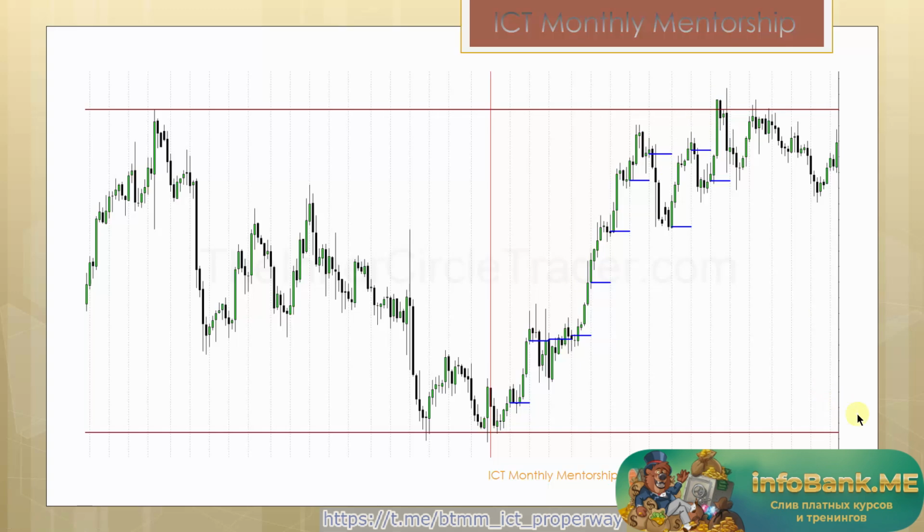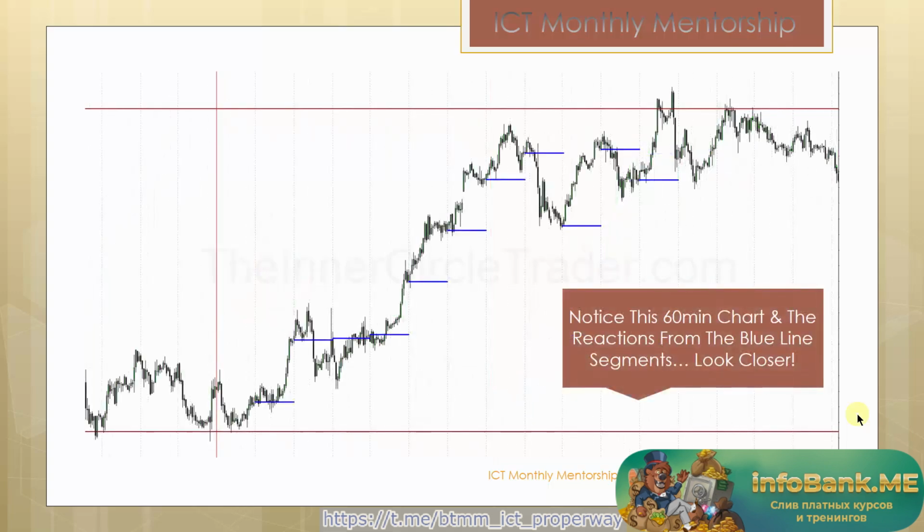You probably already noticed there's some blue line segments on there. So we're going to start talking about some super secret sauce. We're looking at now a 60-minute chart. And I want you to take a look at the reactions that happen from the blue line segments. I want you to look at it real close. Those blue lines are one of the coolest things I discovered about price action.